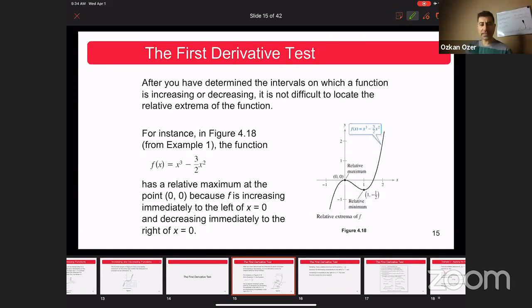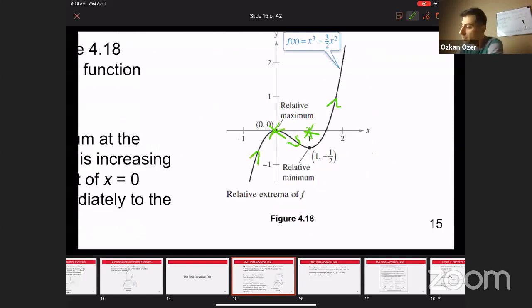So now, how are we going to connect this to relative extrema? Okay, like in the previous example, we found critical numbers to be 0 and 1, right? 0 and 1 were the critical points. We determined the increasing, decreasing and increasing behavior through the subintervals. So what can we say about the relative extrema for this example?